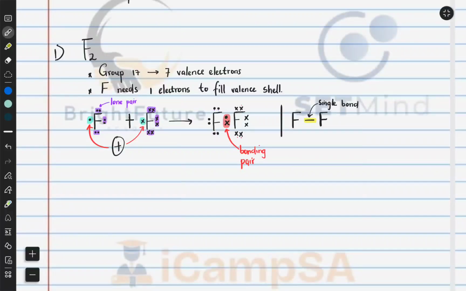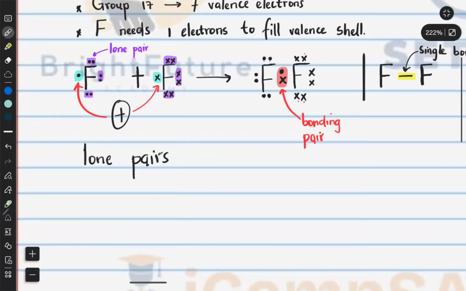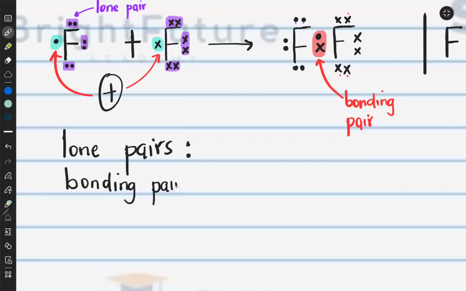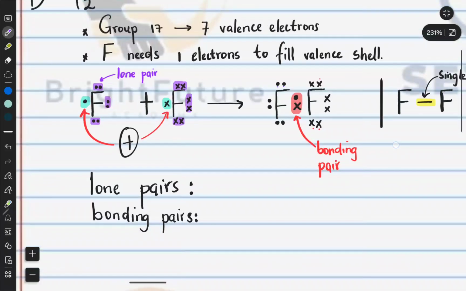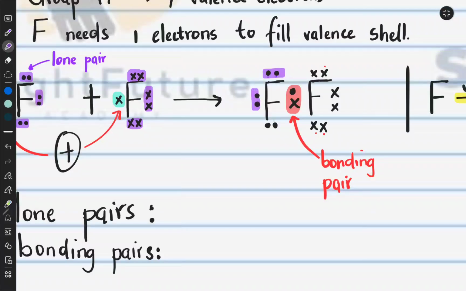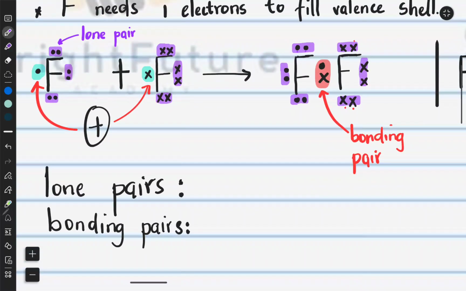All right, so let's list the lone pairs in our final fluorine gas molecule, and then let's also check our bonding pairs. Our lone pairs, we have 1, 2, 3, 4, 5, 6. So basically we have 3 lone pairs per fluorine atom, but in total we have 6.